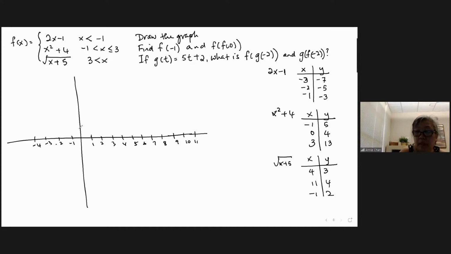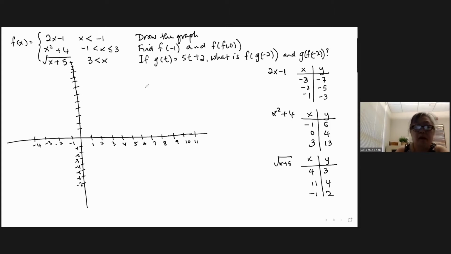My biggest y is 13, so 1 up to 13. Then 7, 1 up to 7, and -1 down to -7. Not to scale.